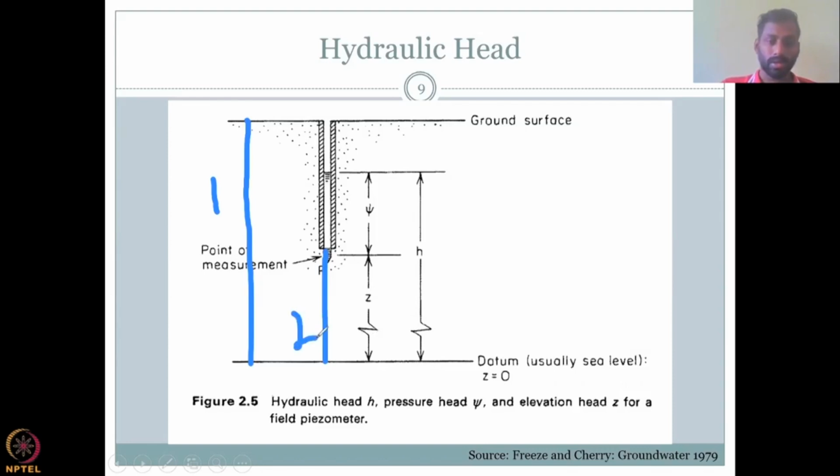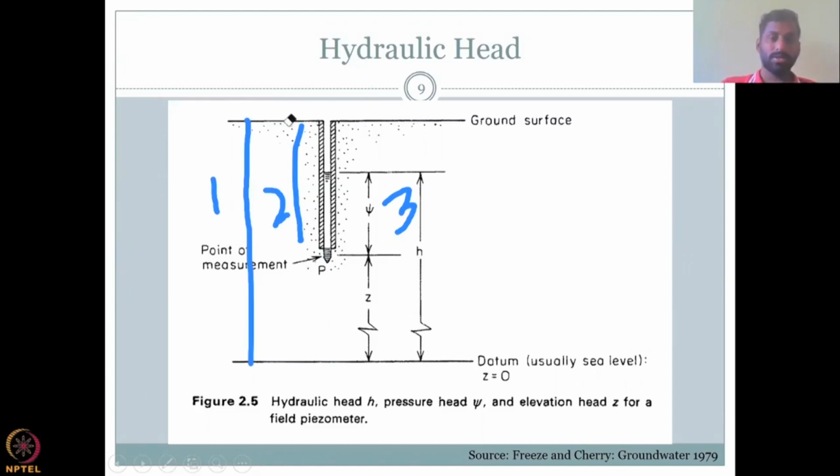And you know your psi, the water level, which is 3. But how do you get at 2? How do you know how much is my elevation from the ground? You know from the depth of the well, but you won't know this one directly because you have to calculate it indirectly.